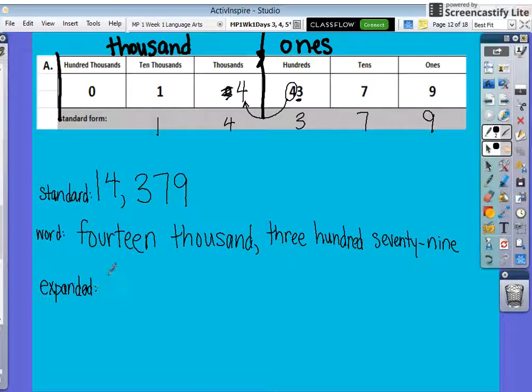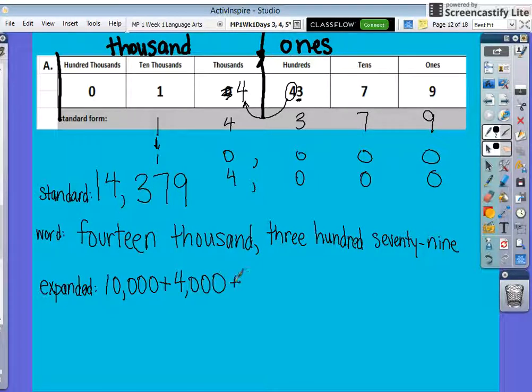And I say, okay, the value of this 1 is 10,000. So I'm going to write 10,000 plus, I'm going to take the value of this 4, which I know is 4,000, and add that.